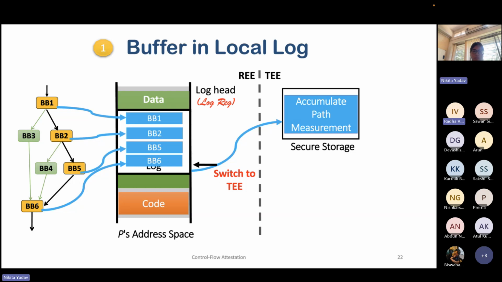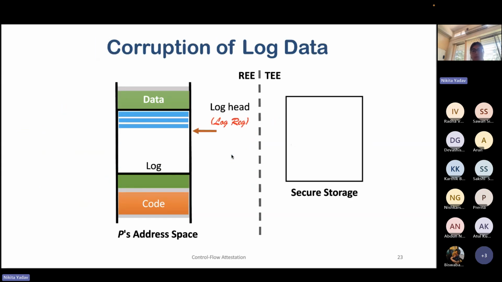Yes, so here we have reduced the number of domain switches from 4 to only 1, and therefore we will be able to reduce the runtime overheads. But as was correctly pointed out, this is not secure because the code here can write to this log region as it is part of the same address space.